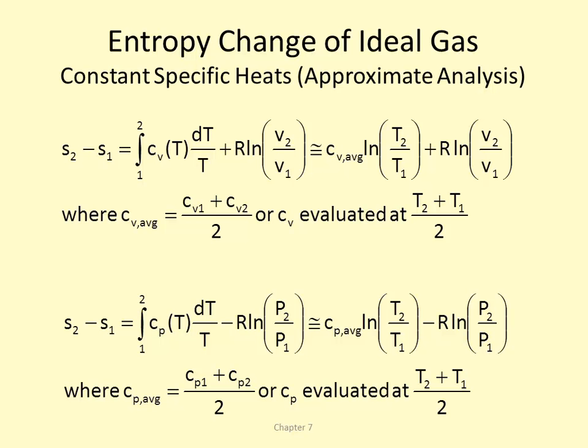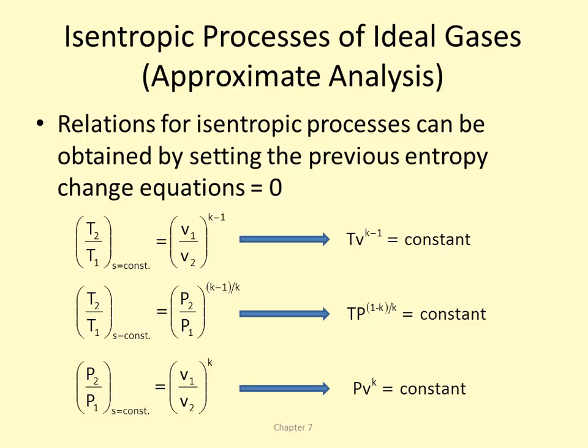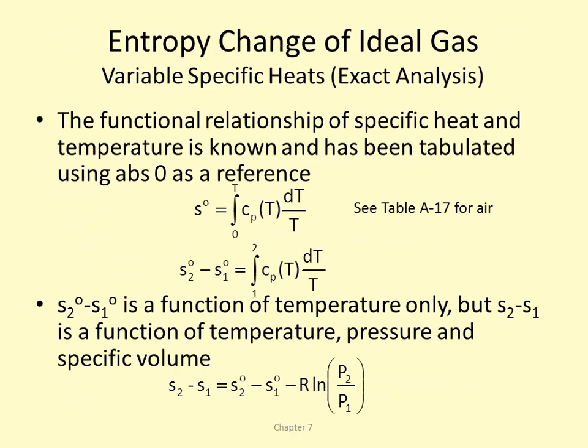So this is just the entropy change, and when delta S is equal to 0, then we can rearrange those equations to come up with these relationships. So it allows us to calculate the change of pressure, for example, if a temperature difference is known for an isentropic process for an ideal gas with constant specific heat. Okay, so all of those assumptions have to be valid in order to use these equations.